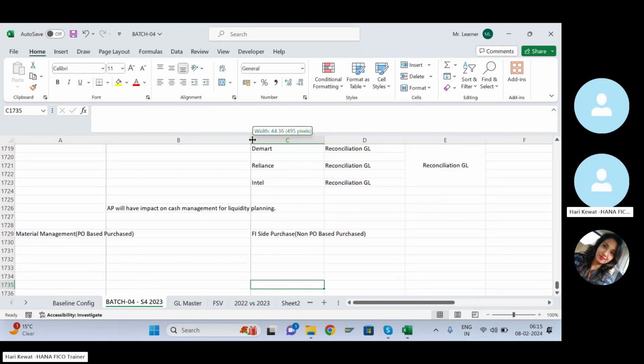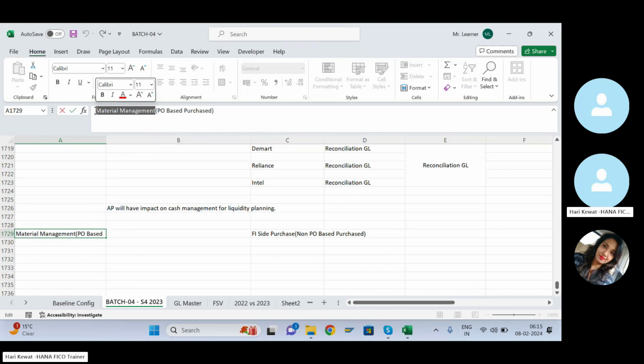So we have one module called material management. This is a separate module, like we have the finance module. Any purchases you are doing from material management are also known as PO based purchases, because you have to create the purchase order.